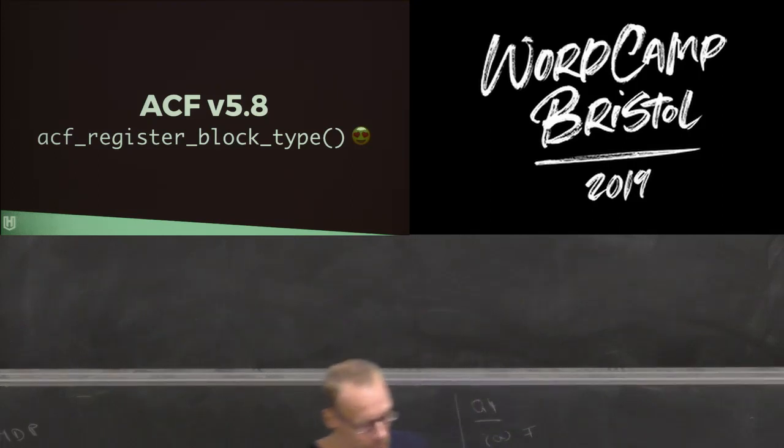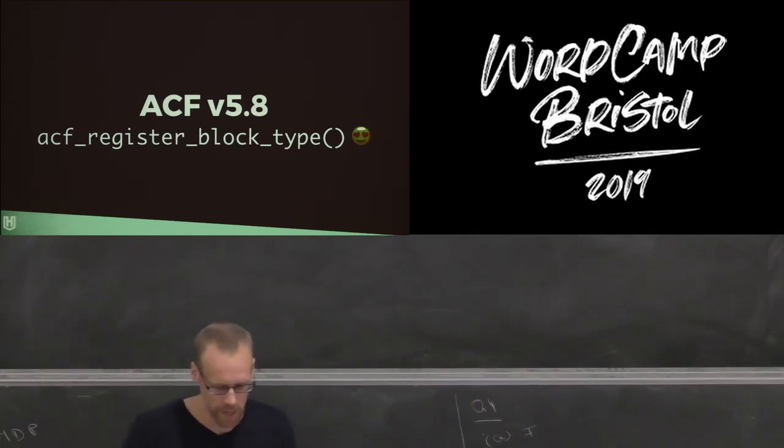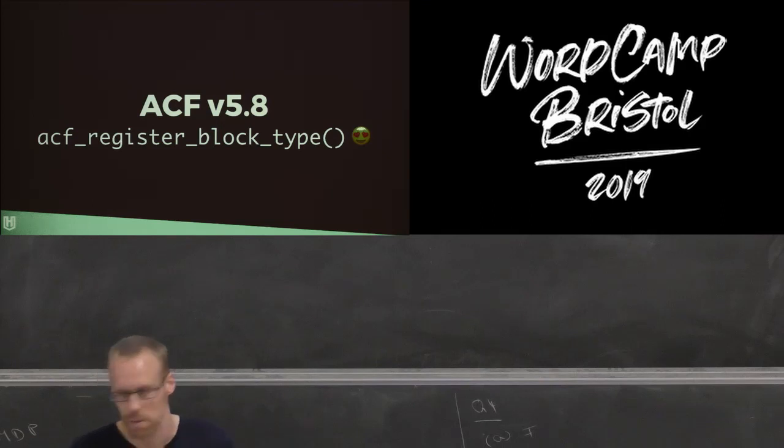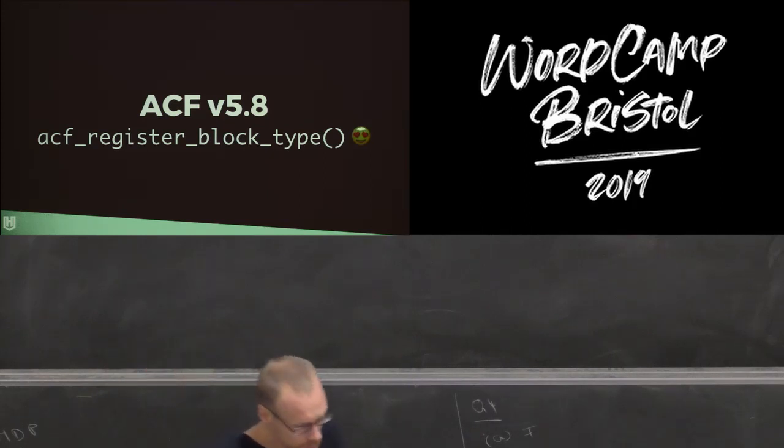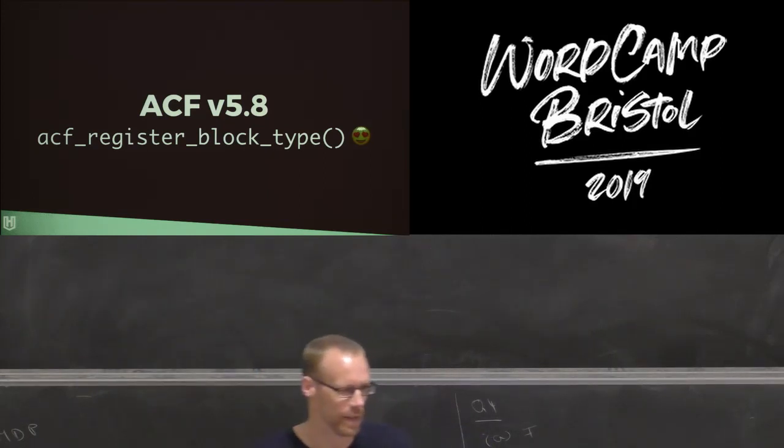It introduced, amongst other things, lots of other updates to ACF version 5.8, but the major one for me was this function called acf_register_block_type. It used to be called acf_register_block, and then when it got released, it had the word type on there, just to stick with the way core does it as well.